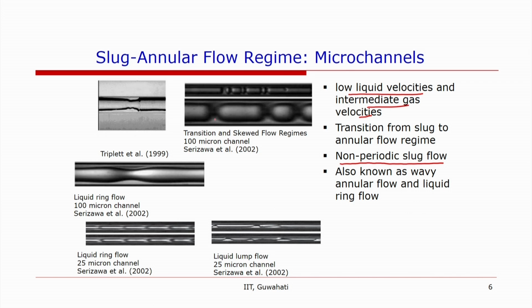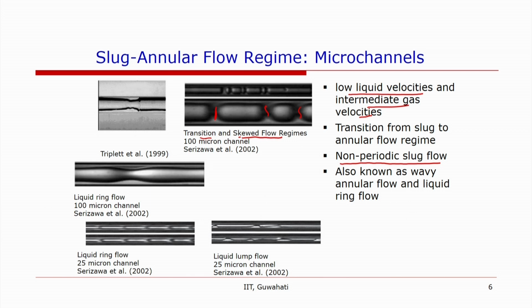For example, you have a lot of bubbles coming together, there is almost no slug between them, and this is sometimes called slug-annular flow. People have given a different name. For example, Serizawa et al. have called these flow regimes transition flow regime or skewed flow regime.